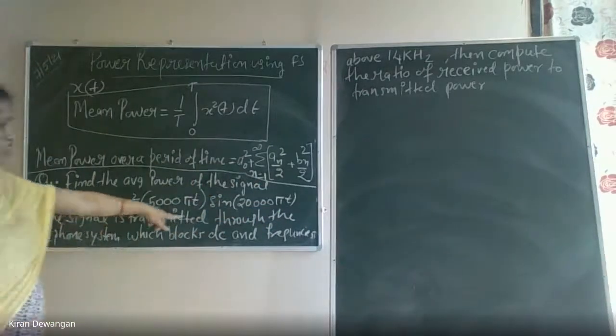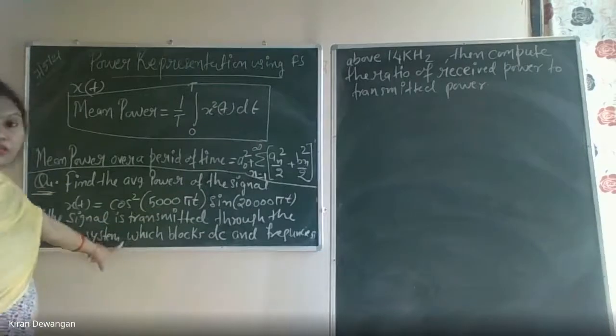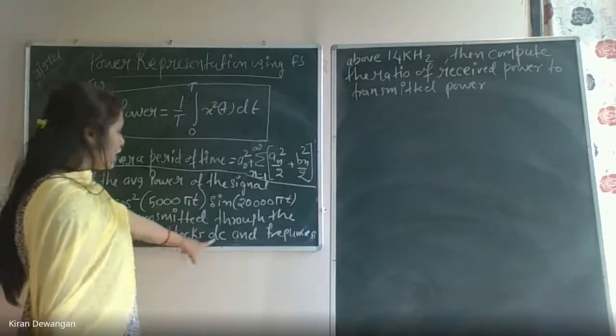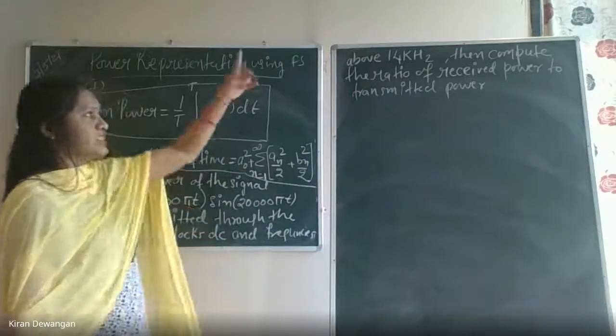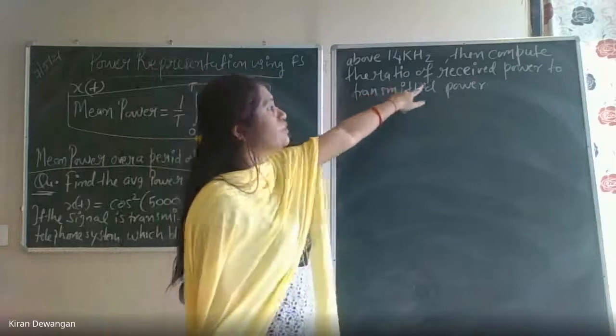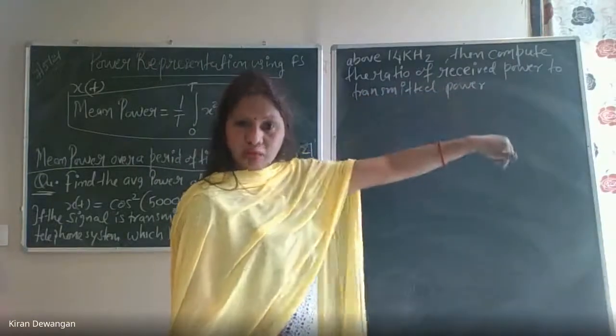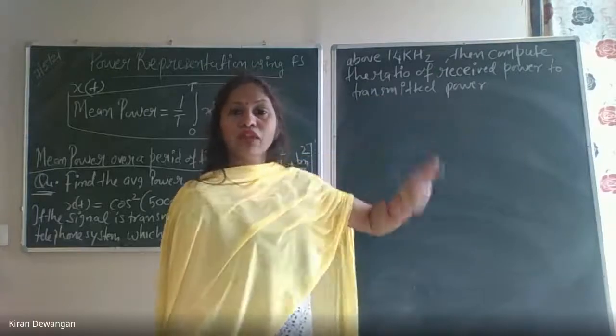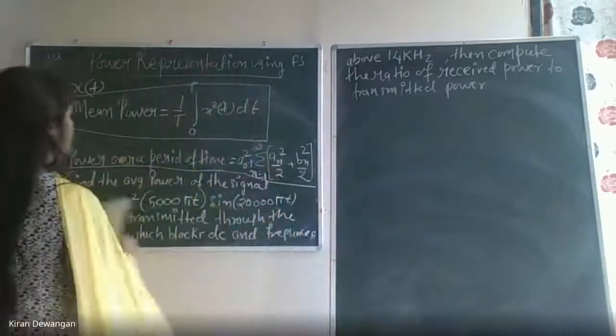If the signal is transmitted through the telephone system के through transmit हो रहा है, it is blocking DC and the frequencies above 14 kHz. ठीक है? Then we have to compute the ratio of the received power. मतलब हमें received power भी calculate करना है, transmitted power भी calculate करना है, and then we have to obtain the ratio of both the powers.